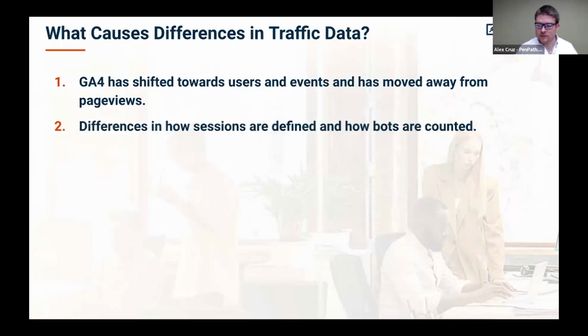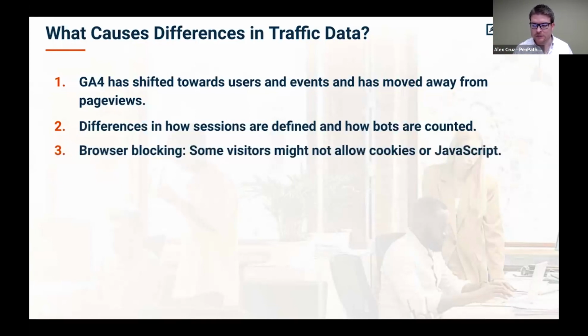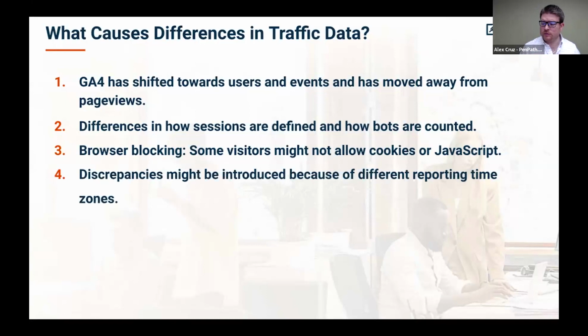So there are differences between how sessions are defined and how bots are counted. Shopify might not catch all the bots that GA4 catches. Then there's blocker or browser blocking. Sometimes browsers specifically block GA4 or Shopify or different pixels, and there may be some irregular activity or processing of that data. Discrepancies might also be introduced because of different reporting time zones. It was one of the most fascinating things working in data, how much time zones can really throw off reporting when it's not matching.